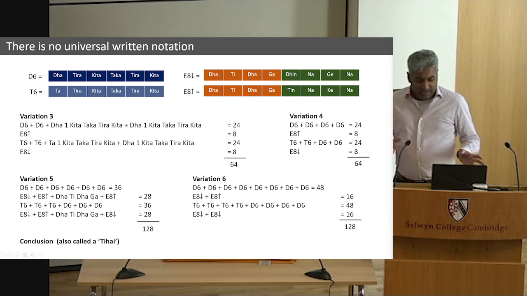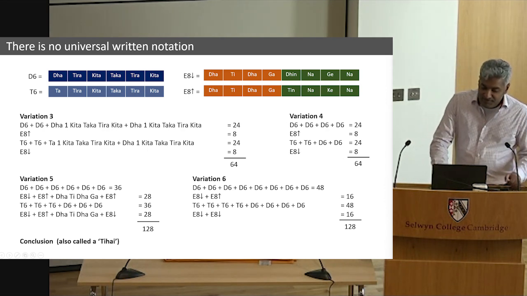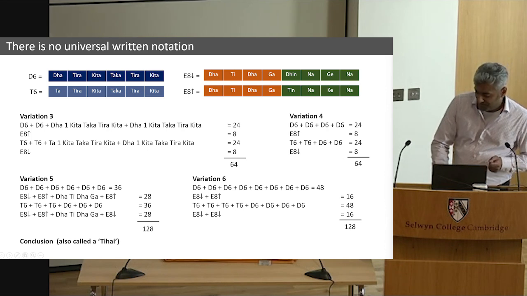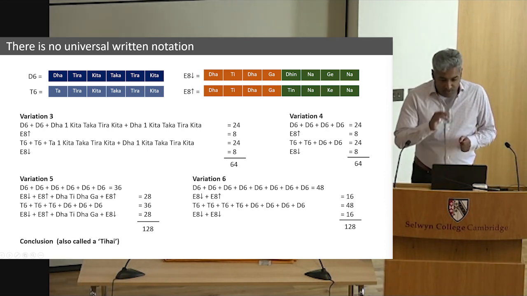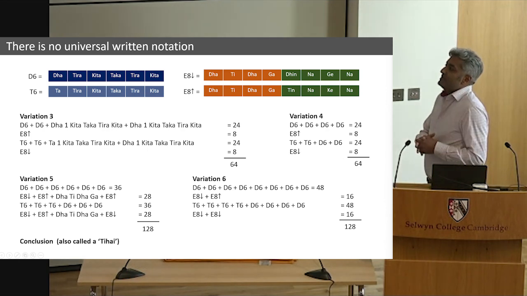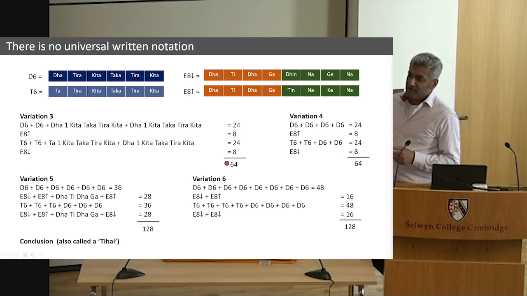And once you've generated these mnemonics, you could start to write down variations that are much easier compared to the ones you saw in the last two slides. As long as you maintain 64 beats, 128 beats are multiples of 64, that's fine.